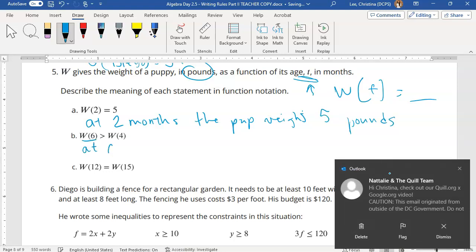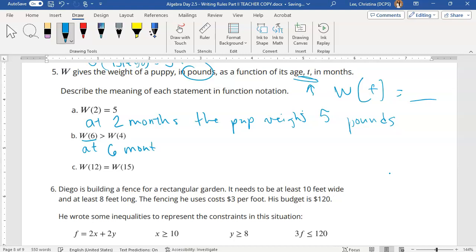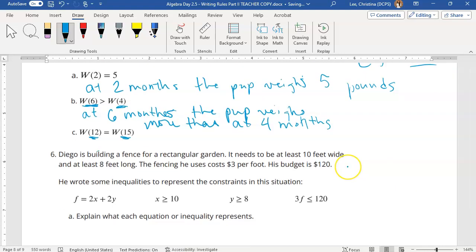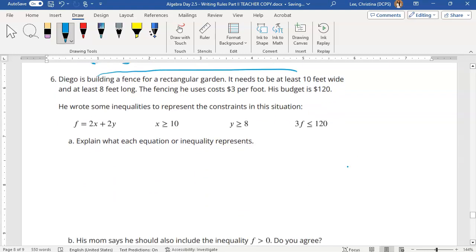At 6 months, the pup weighs more than at 4 months. Okay, so this is comparing how much the puppy weighs at 6 months and how much the puppy weighs at 4 months. And then at 12 months and 15 months, well, as the puppy gets older, what's going to happen? So you can write this one and you can determine that now that I've shown you A and B.